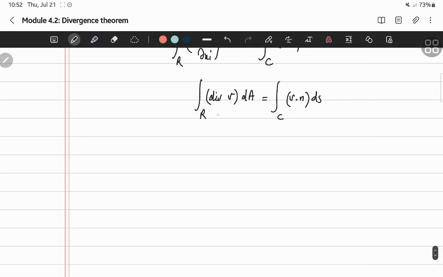So we can basically extrapolate this pattern to a three-dimensional domain, like the volume and surface.